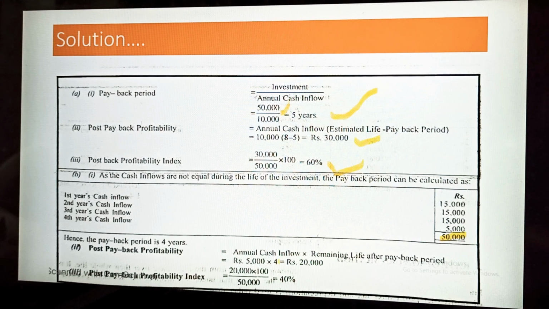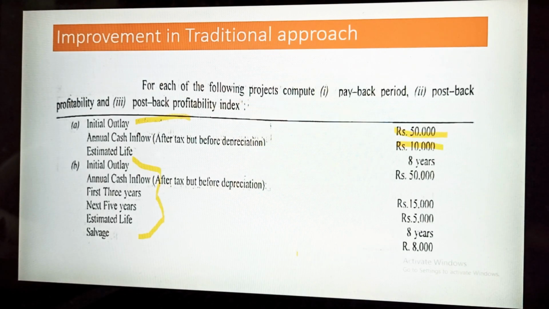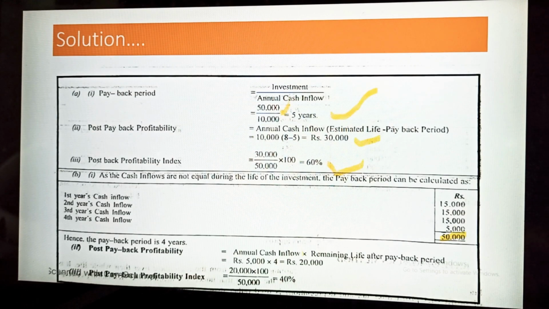Next, first we have to check how much the annual cash inflow is. When we go back, it is given that for the first 3 years it is 15,000, then for the next years it is 5,000. So we take the annual cash inflow of 5,000 multiplied by 4, which becomes 20,000.